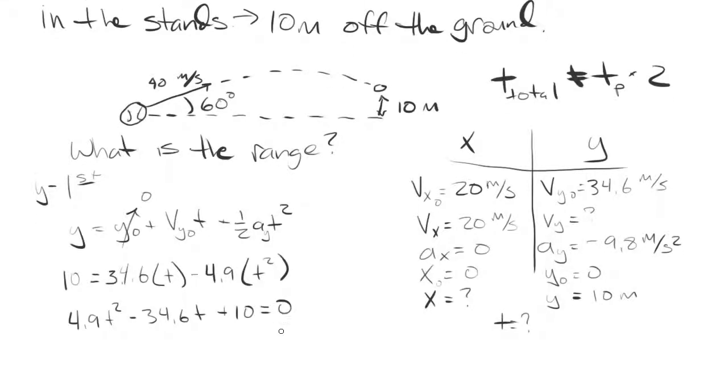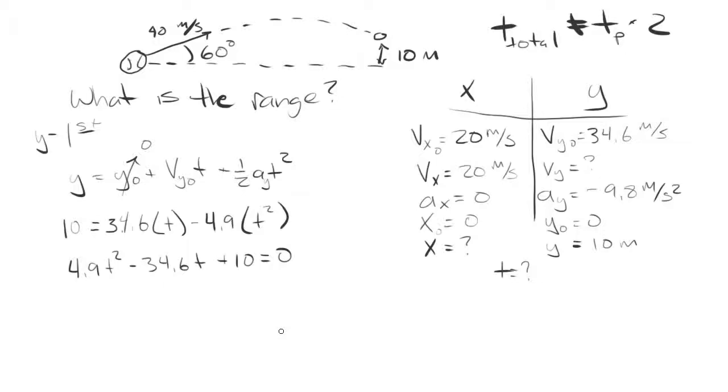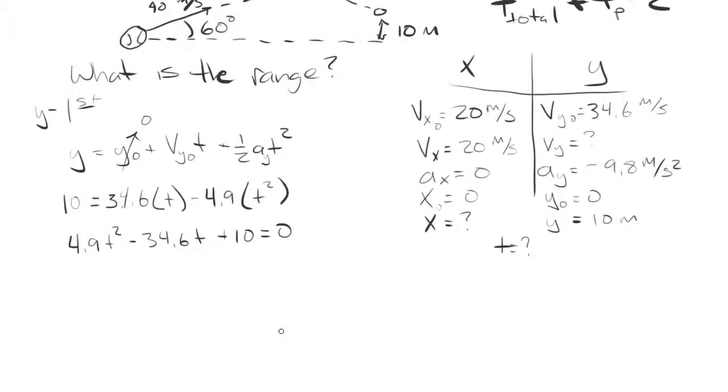Of course, it's a quadratic because we're describing the motion as a function of time. When we're dealing with projectile motion, the plot is a parabola, so that's what we expect. You have to solve this using the quadratic formula.